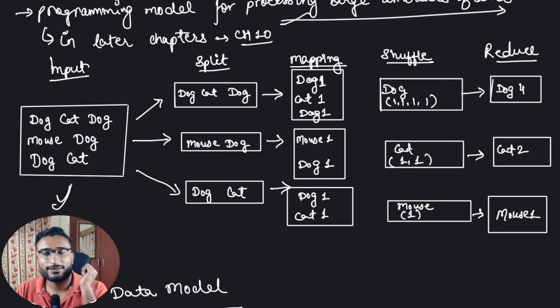What you want is the count of each unique animal. I think there are 3 unique animals here, so I need the count of those animals. So if I specify the job, this is how it will work, this is the logic.